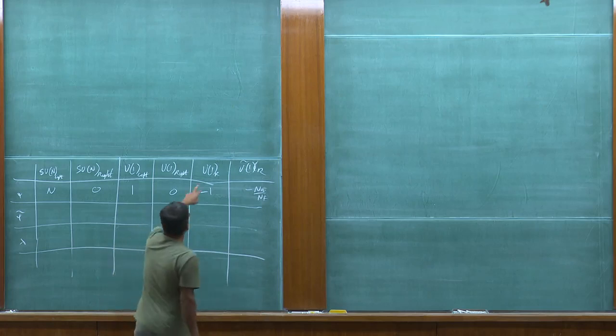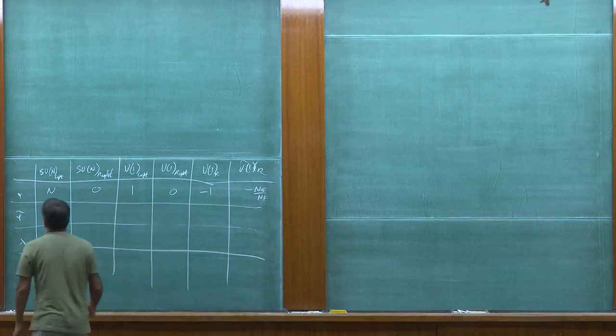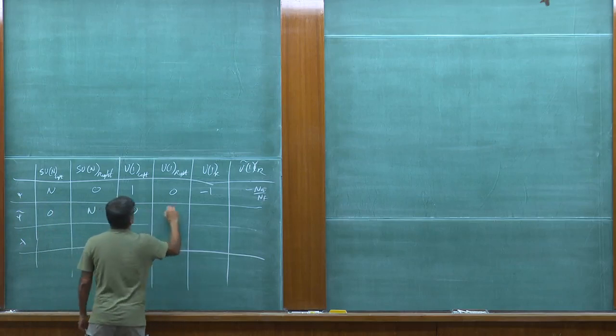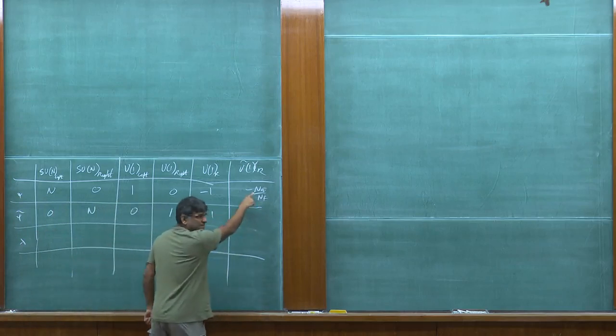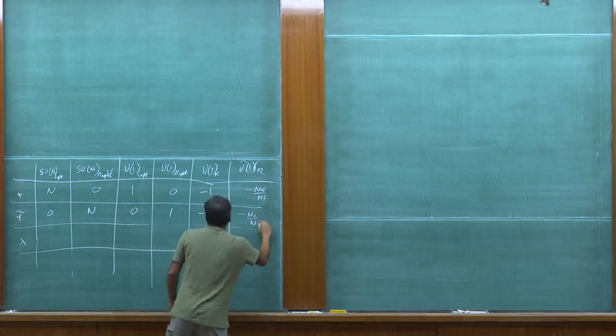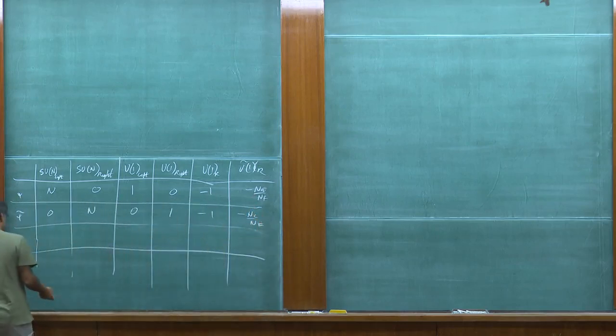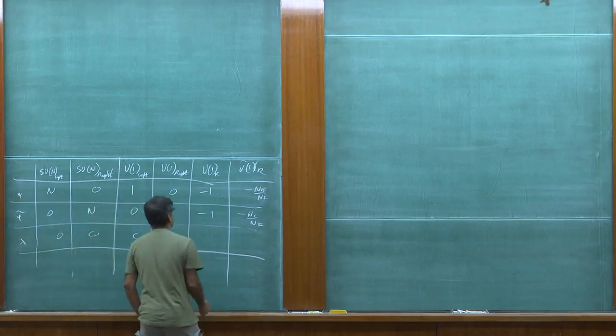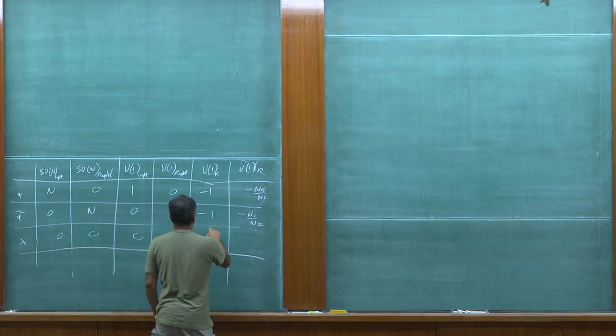This is the naive R symmetry and this is the real one. This is 0, n, 0, 1, minus 1, minus, this was minus n by nf, right? Minus nc by nf. And then we had lambda, which is 0, 0, 0, 0, and 1 and 1.